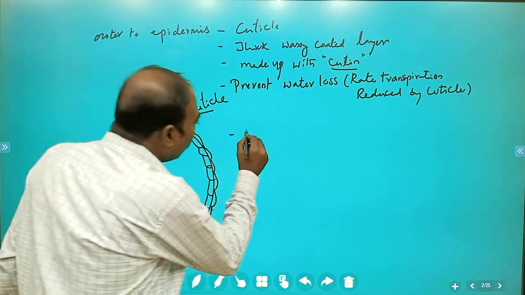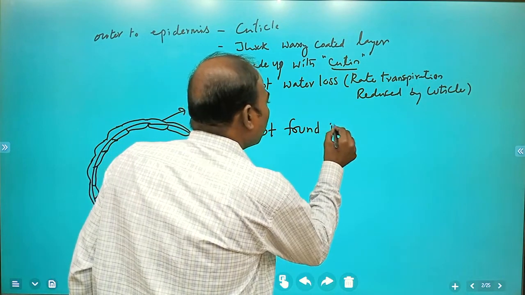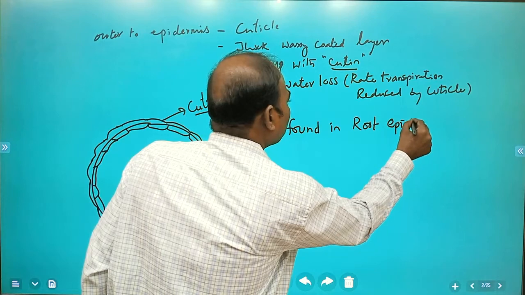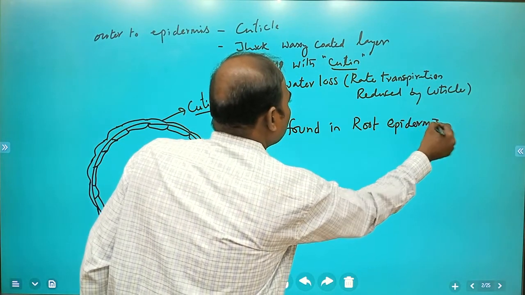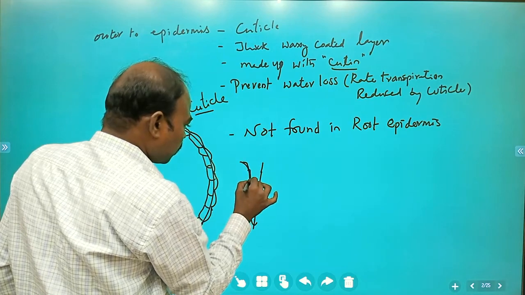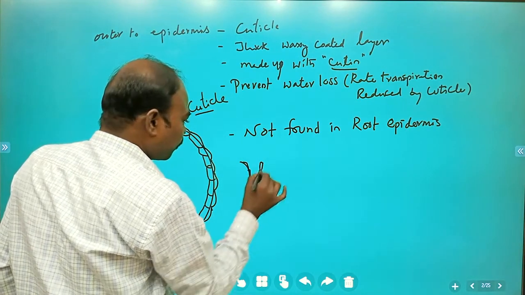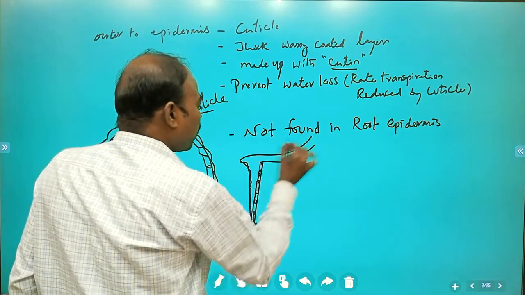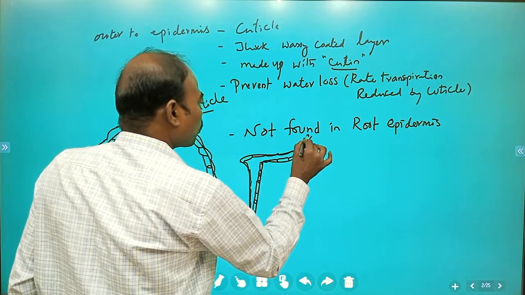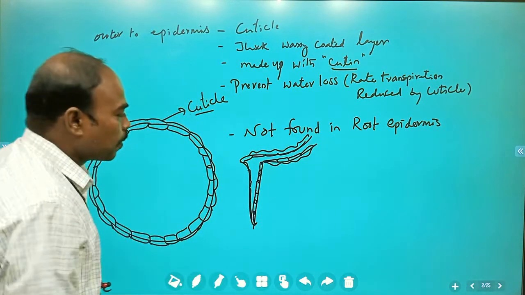It is not found in root epidermis. So in root epidermis, the cuticle is absent, whereas in stem epidermis, the cuticle is present. Right? Do you understand?